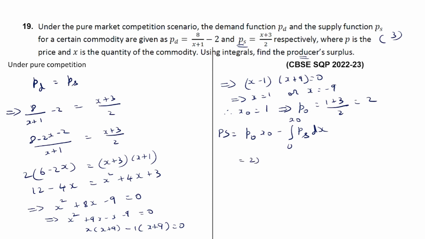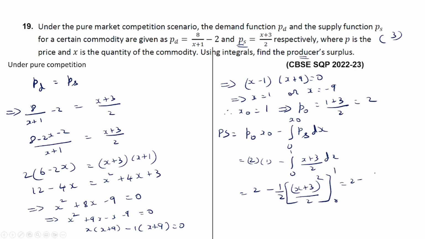So P naught is 2, x naught is 1 minus integral 0 to 1, supply function is (x plus 3) by 2 dx. So this is 2 minus half into integral of (x plus 3) is (x plus 3) the whole square by 2 with the limits 0 to 1.